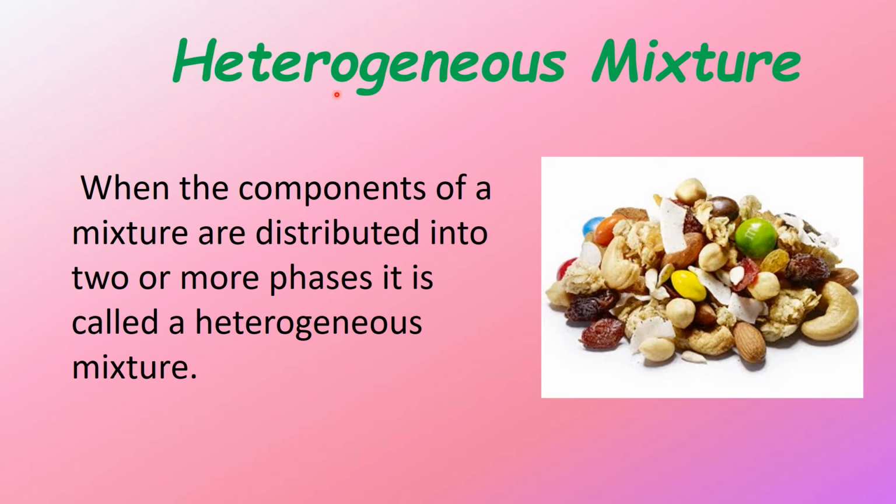Heterogeneous mixture. When the components of a mixture are distributed into two or more phases, it is called a heterogeneous mixture. Example, all the variety of dry fruits, when they are mixed, we can see different phases. So this is an example of a heterogeneous mixture.